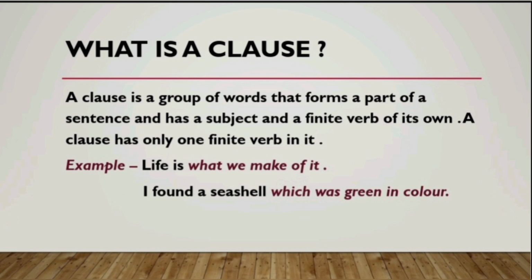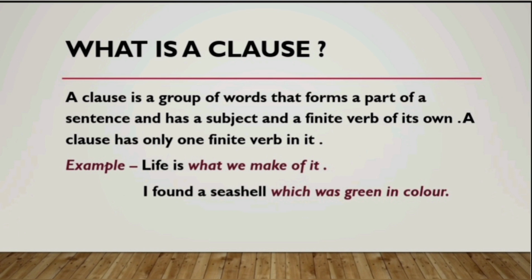If you see this example here, life is what we make of it. So, what we make of it. Here if you closely observe the maroon bold part, you will observe that we is the subject and there's one finite verb, make. So if you say we make, instead if the subject would be he, the verb would have been makes.